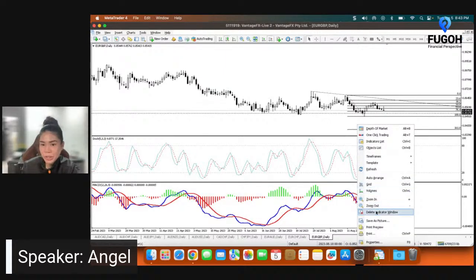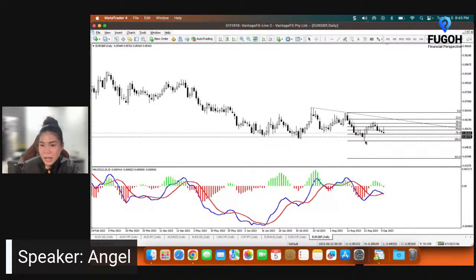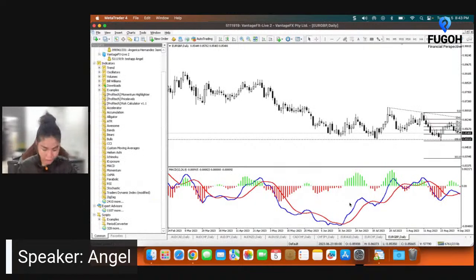So I'm guessing that it's safer to have your take profit here, probably here, somewhere here. If you have any open position for euro pound. Okay, moving on.